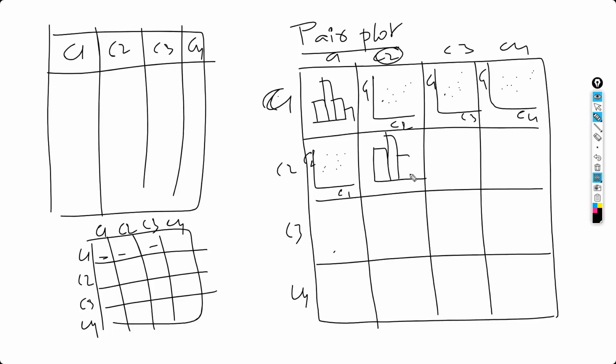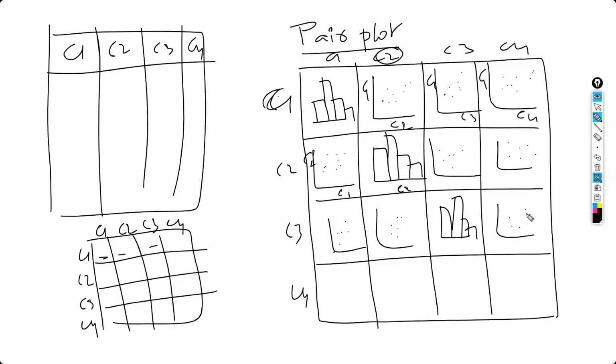Histogram of the C2 variable, because a histogram can be applied only on a single variable. Next, scatter plot, again scatter plot, again scatter plot. So diagonal values are going to be histograms and the remaining values will be scatter plots. Multiple scatter plots and multiple histograms you can get in one shot by using the pair plot.